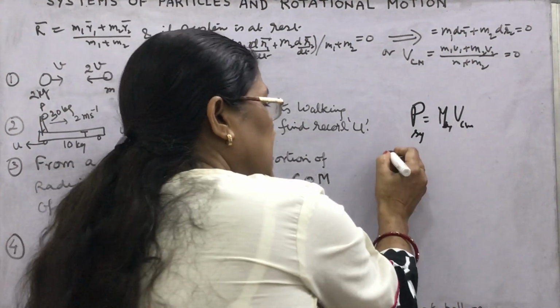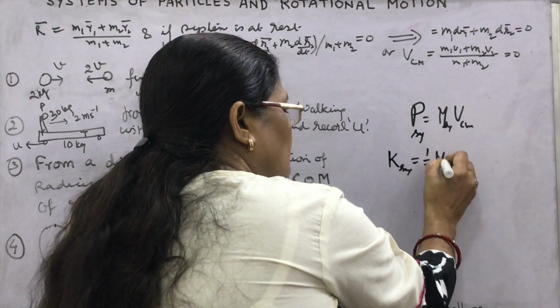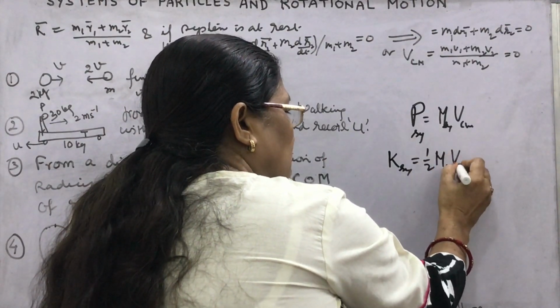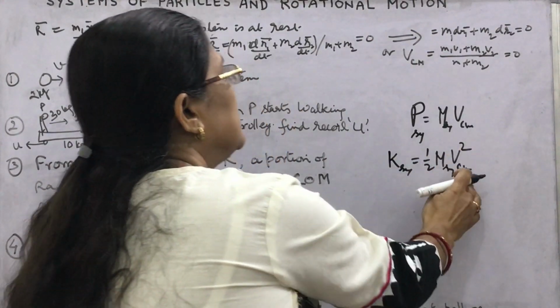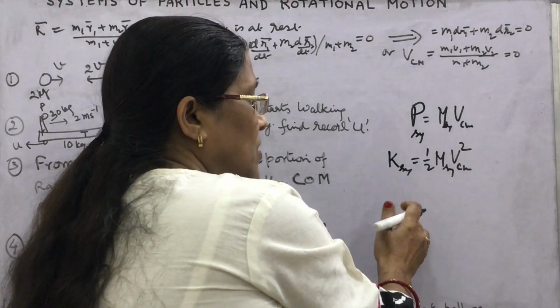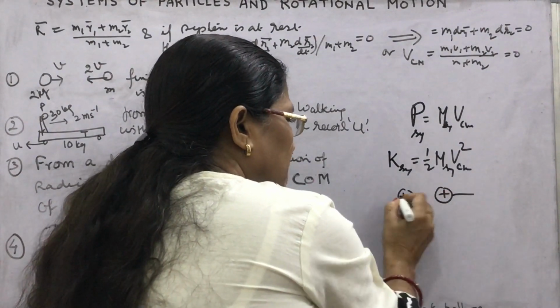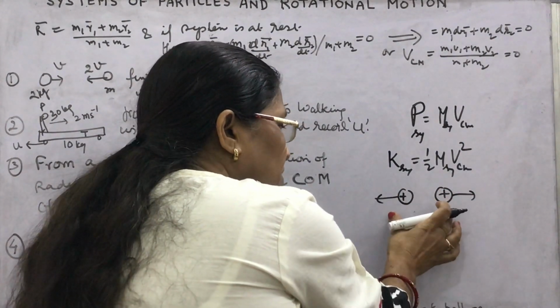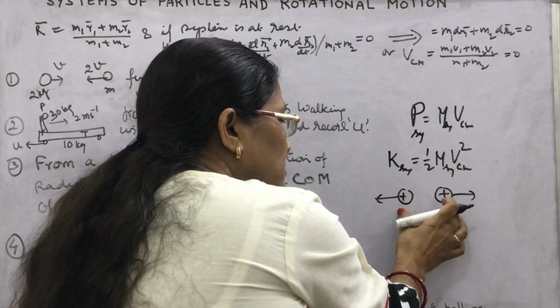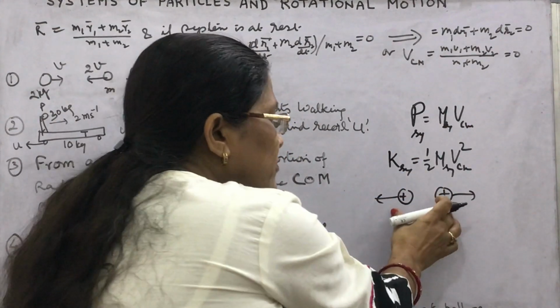You cannot say that the kinetic energy of the system is equal to half the mass of the system times the velocity of the center of mass squared. You have seen that if two positive charges repel each other, they will have kinetic energy individually, and their velocities are in opposite directions, so VCM will be 0.